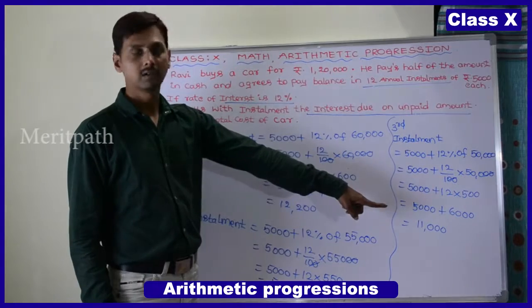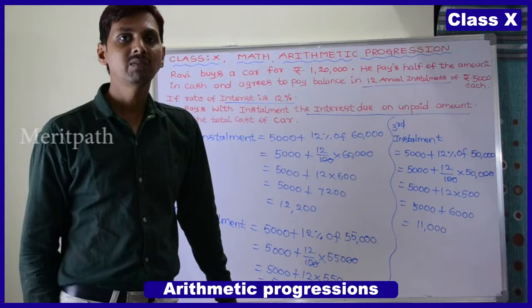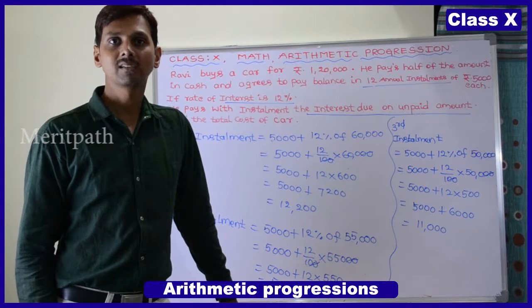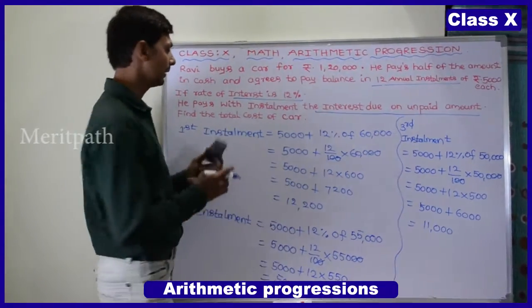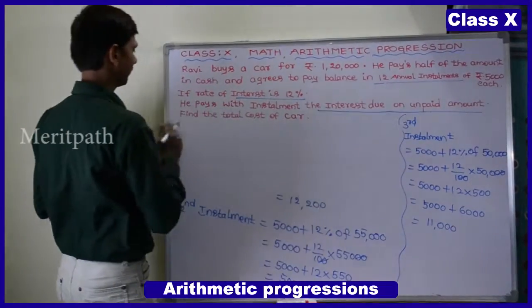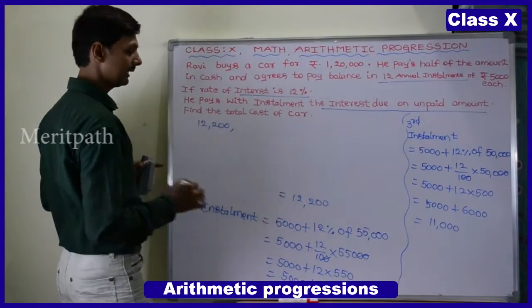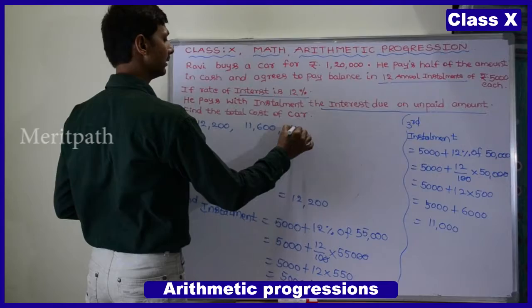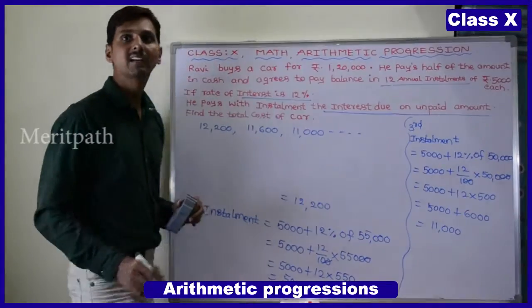So the common difference is d equals minus 600, and the value of a is 12,200. The first term is 12,200, the second term is 11,600, the third term is 11,000, and so on. This is in arithmetic progression.